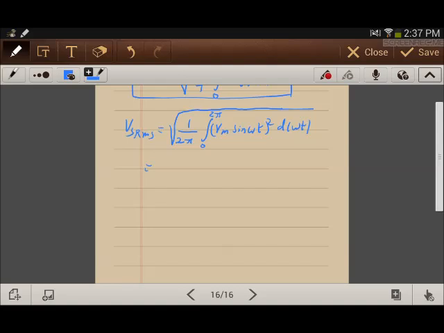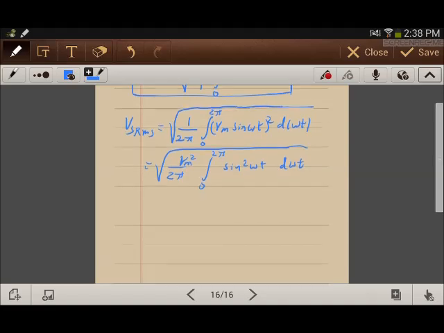So this will equal to 1 over 2 pi, take the V maximum square outside of the integral, so from 0 up to 2 pi sine square omega t d omega t.